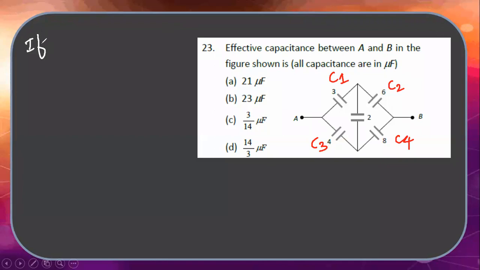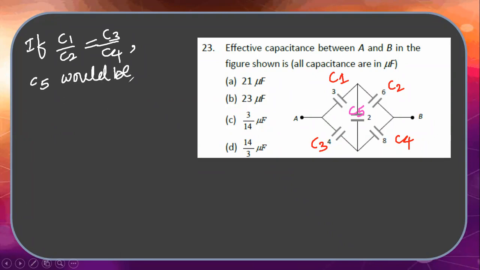If C1 by C2 is equal to C3 by C4, then this one, which I am naming C5, would be neglected, right?